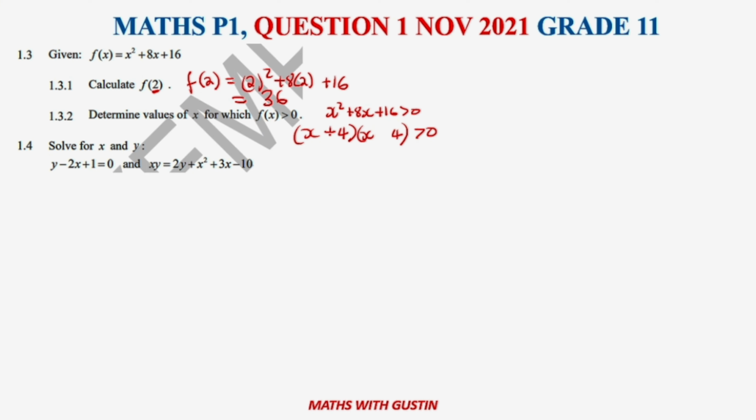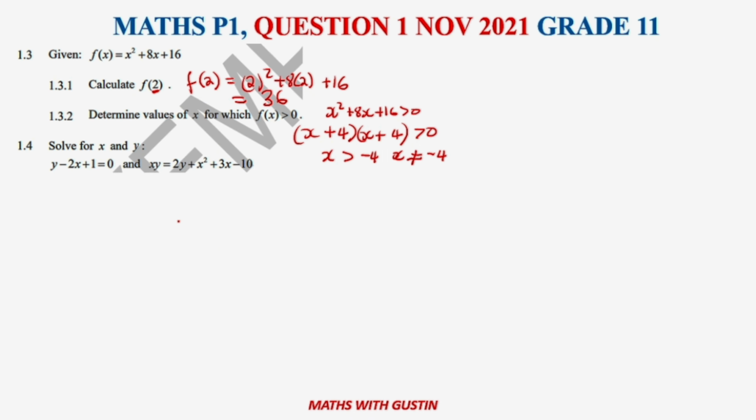There you go. So this would be your answer: any values where x is greater than -4, but x should never be equal to -4. Okay, it's not equal to -4, it's just greater. So that's how you would deal with 1.3.2, guys. All right, good stuff.